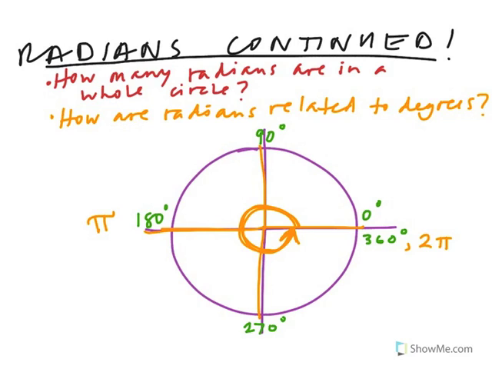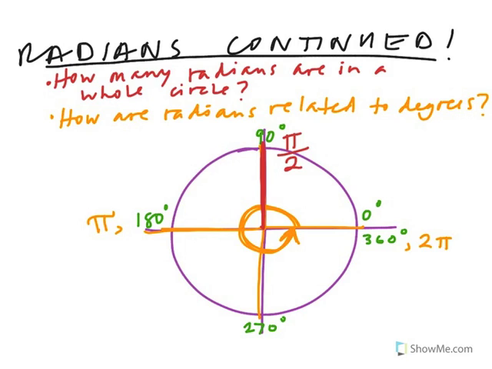So the fact that pi radians equals 180 degrees is going to be very, very useful to you. Try to internalize that as much as you can. Now let's break down pi radians even more. 90 degrees is just half of 180, so 90 degrees is equal to pi over 2 radians.